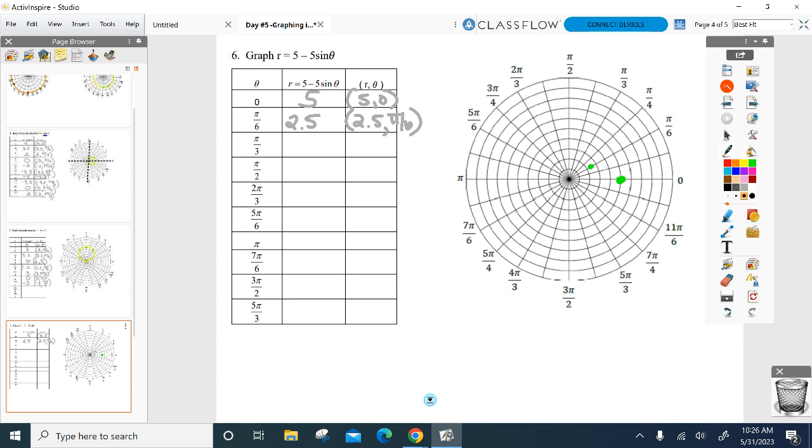When you plug in pi over 3, you get about 0.7. So just below the first circle. Be careful when you graph it. It's a small point, a tiny distance. So 0.7, about right there.